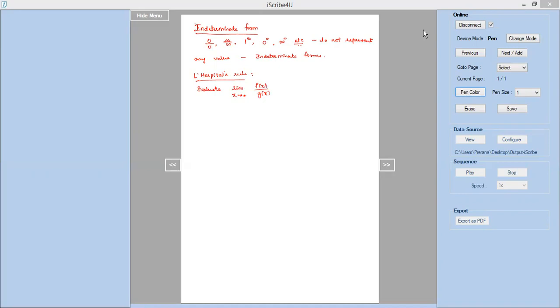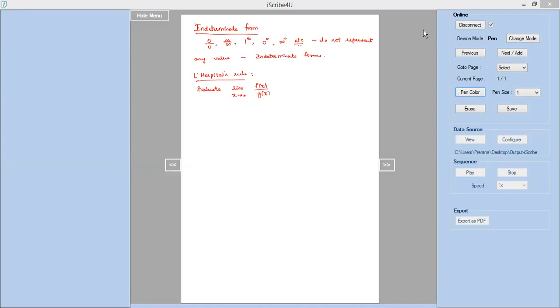Then by L'Hopital rule we apply limit as x tends to a f of x by g of x is equal to limit as x tends to a f dash x by g dash x, and the rule is applicable for 0 by 0 and infinity by infinity forms.